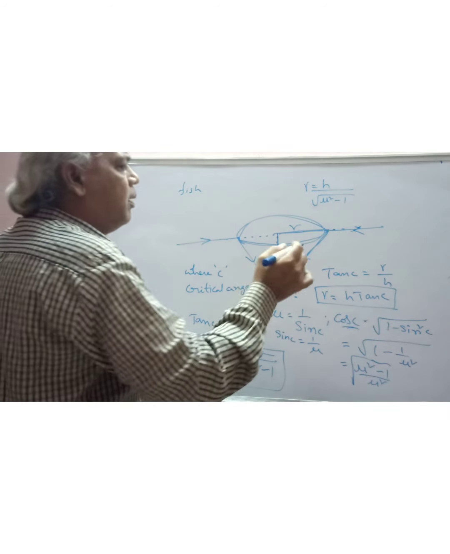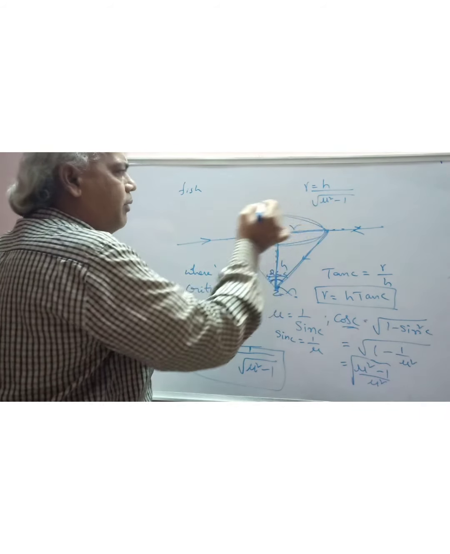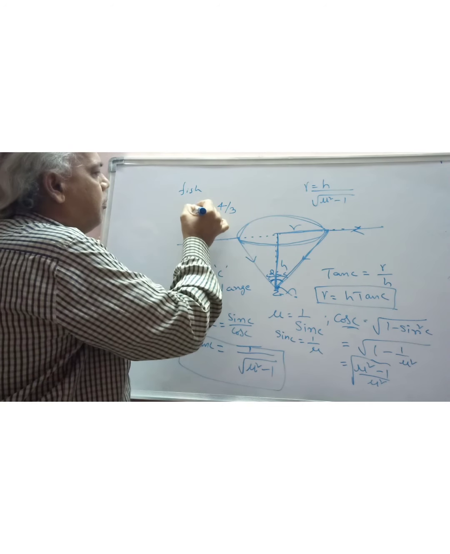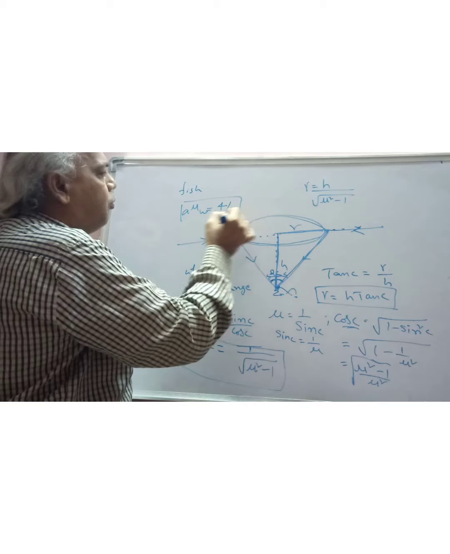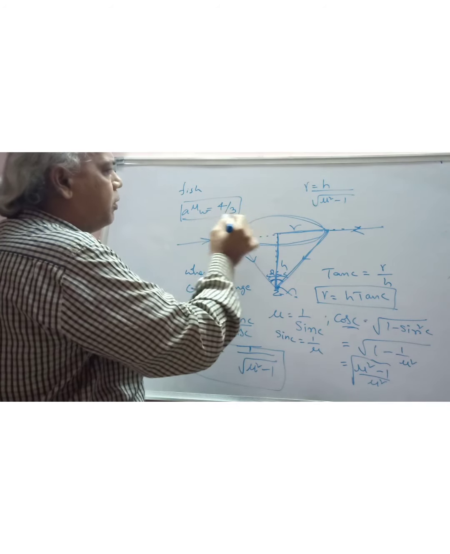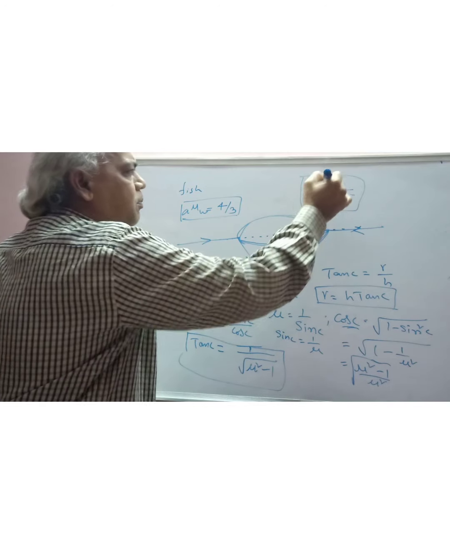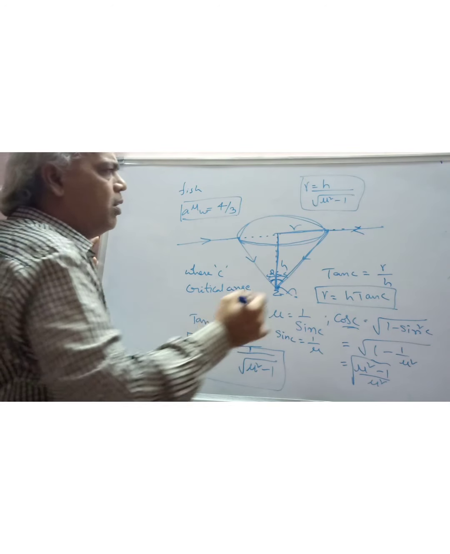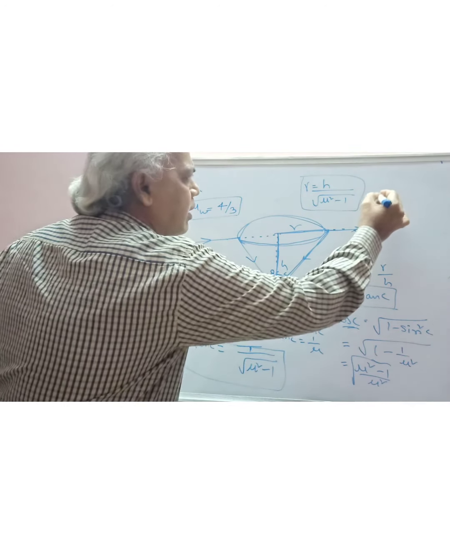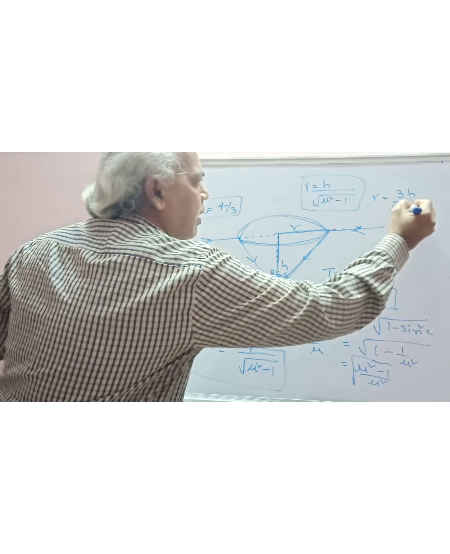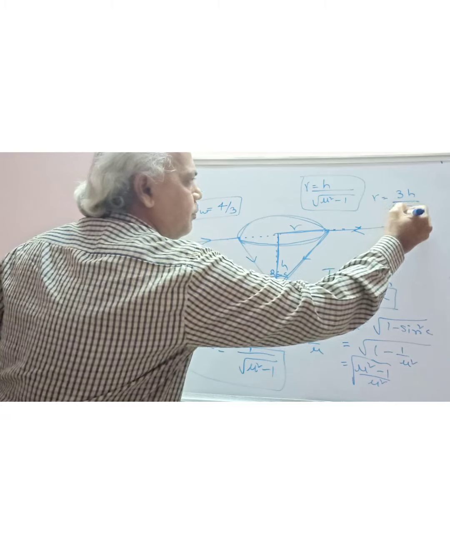Okay, for water the refractive index value is 4 by 3, mu W equal to 4 by 3. If you substitute this value in the expression R equal to h by root of mu square minus 1, we obtain R equal to 3h by root 7.